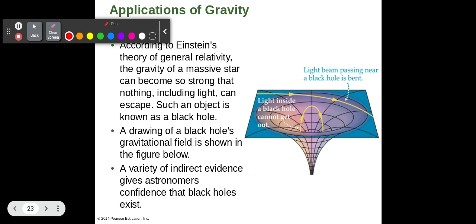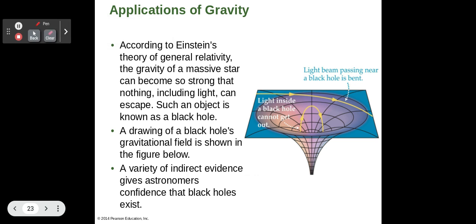So let's talk a little bit about Einstein's theory of relativity. Remember, the basic formula for that is E equals mc squared. According to the theory of general relativity, the bigger the mass of something, the more energy it has.